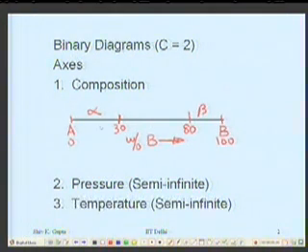A here, B there. Let's say for example, silver and copper. Silver you write Ag, that will be on the left, copper Cu will be on the right. Or you write, let us say, copper nickel diagram. Copper Cu starts here and nickel Ni is there. So alphabetically they come in that order, usually.